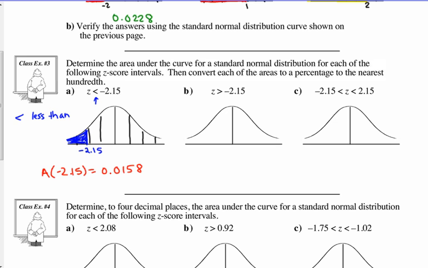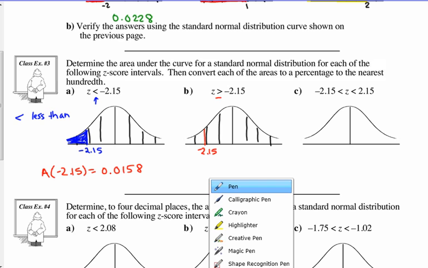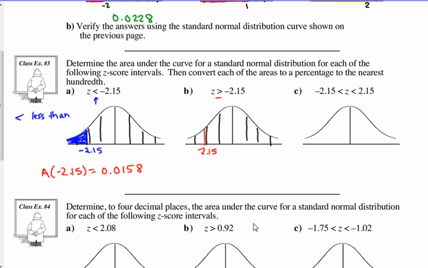Okay, so what if we want greater than negative 2.15. So if we draw in our bars, 1, 2, 3, 1, 2, 3, and negative 2.15 was here, and we want to shade to the right because we have greater, z is greater than. Now our graph is only for less than, right?